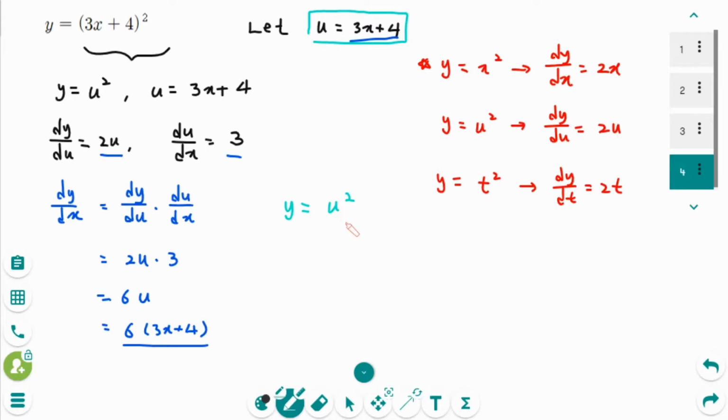We differentiate the outer function first. dy/dx equals 2u, the outer function differentiated, and then multiply by the derivative of the inner function, u prime, which is 3. So 2u times u prime equals 6u, which is 6 times (3x plus 4).